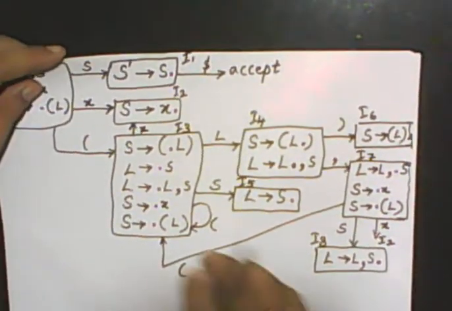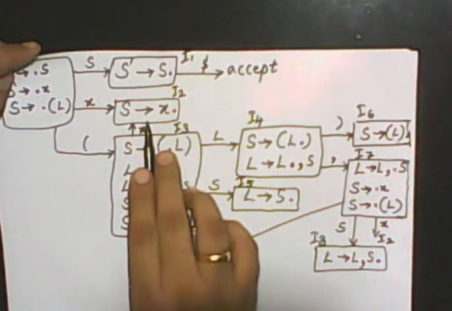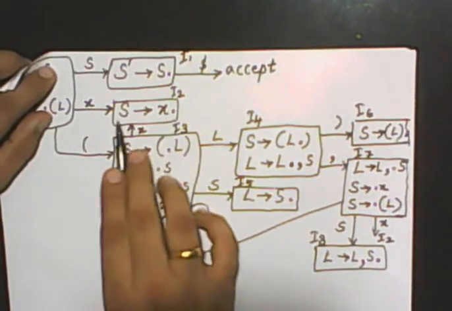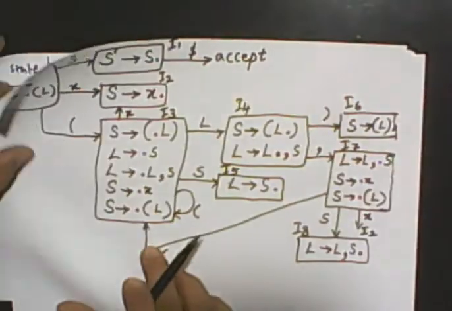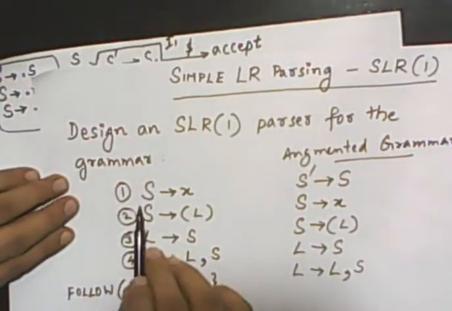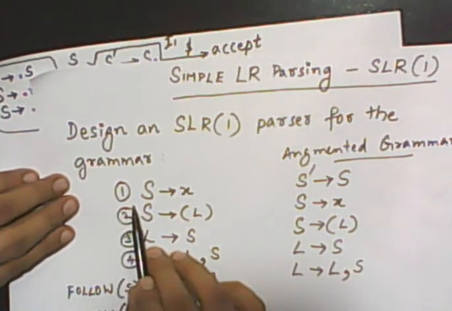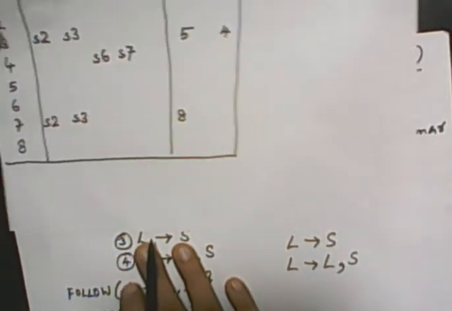Where are those states with final items? I2 is having a final item, that is S gives X dot. So S gives X dot corresponds to the production number 1. So that comes R1. Where does this R1 have to be put in the parsing table?